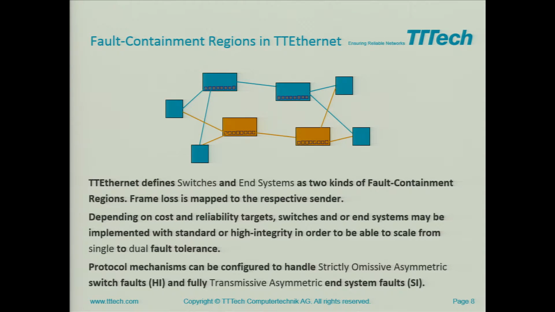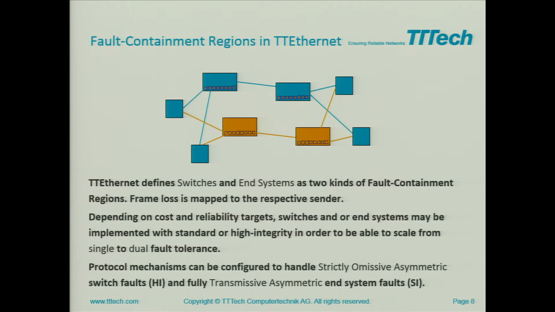So what does the fault containment of the messages itself look like? We define here switches and end systems as two kinds of fault containment regions. So if there is a loss of a packet, it's always mapped to the respective sender, so to the last sender of the packet. And depending on the reliability targets, the switches can be standard integrity or high integrity.